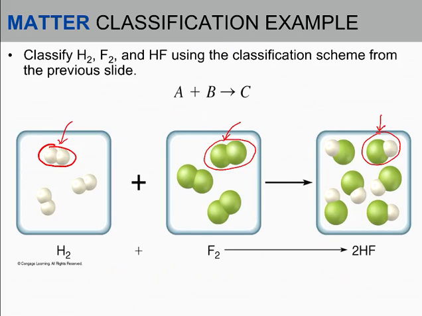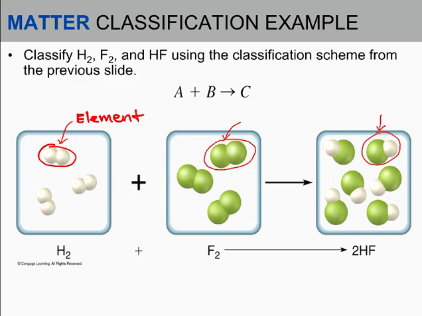Now in the first box, we have two atoms that are the same within our molecule. So this would be classified as a homoatomic molecule, and we said that homoatomic molecules are elements. All right, and sometimes it's a little bit confusing that we have an element that contains two atoms, but that is possible.